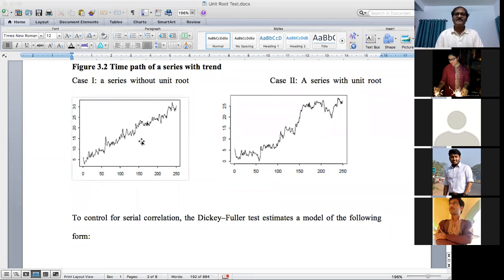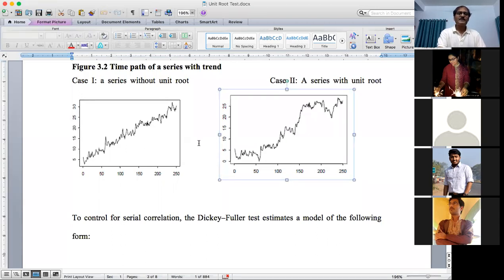Therefore, we may have some idea that the variance involved in this series may have some kind of trend. But the variance involved in this series may not have a trend, because the variance looks roughly uniform here. But here the variance is not uniform. Therefore, there is a possibility of unit root in the case shown on the right hand side, but there is no possibility of unit root in the case shown on the left hand side. So all are possibilities.